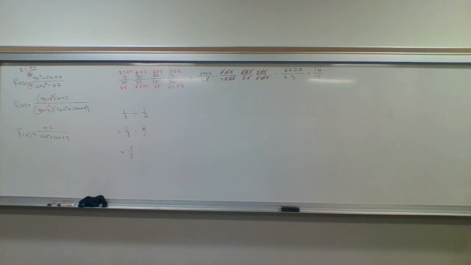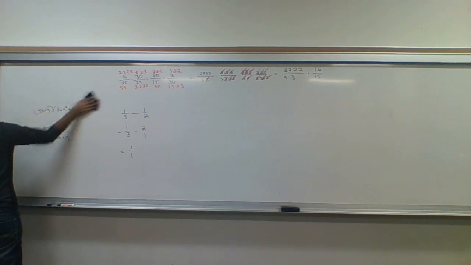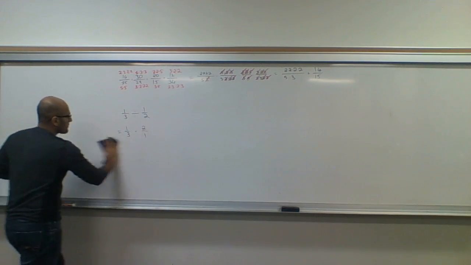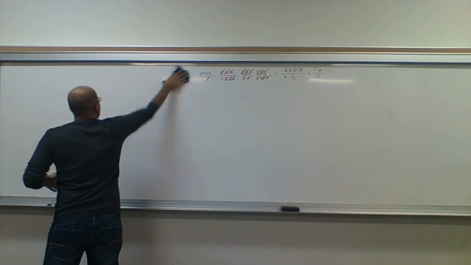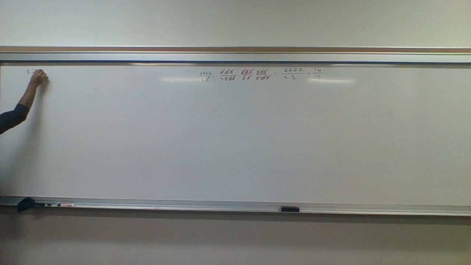Why don't we start with something like number 36? Divide those two rational functions. (8.2.36).